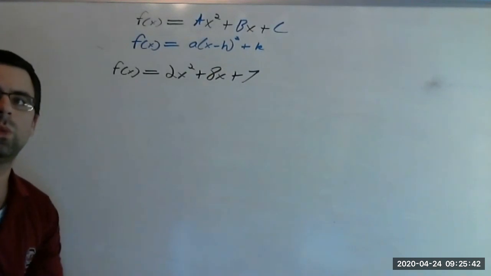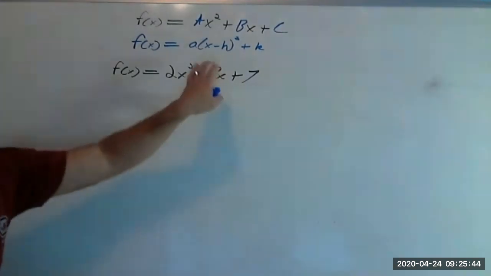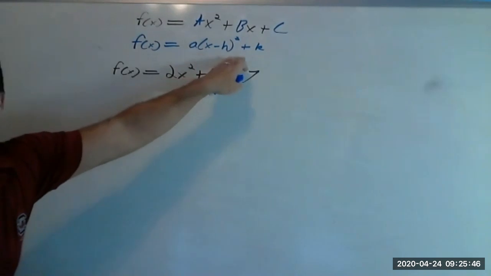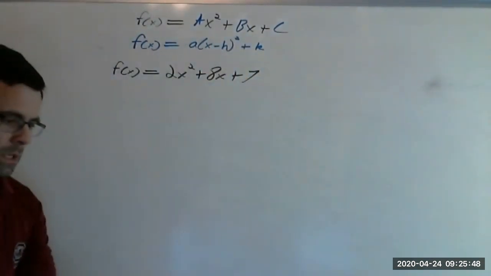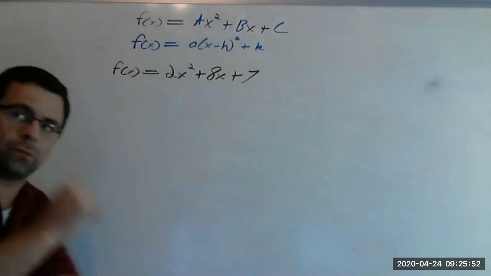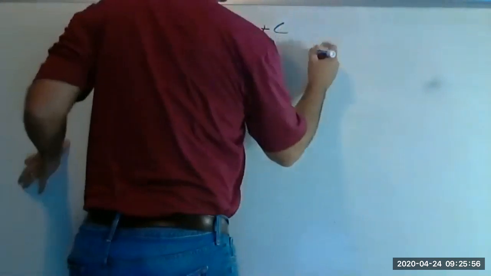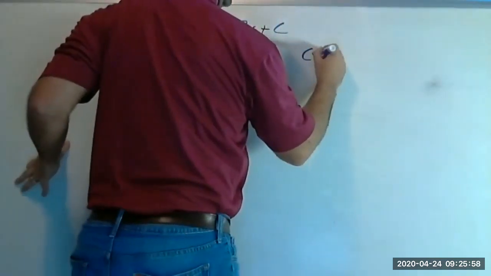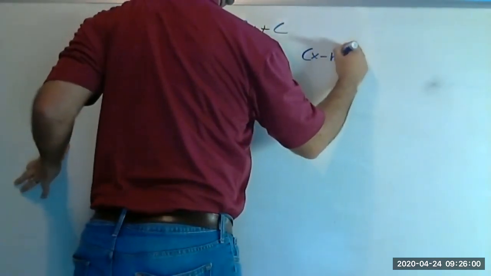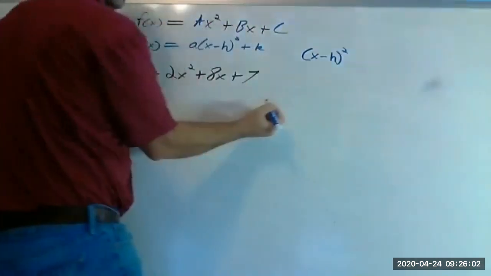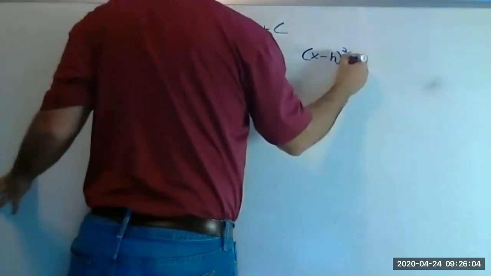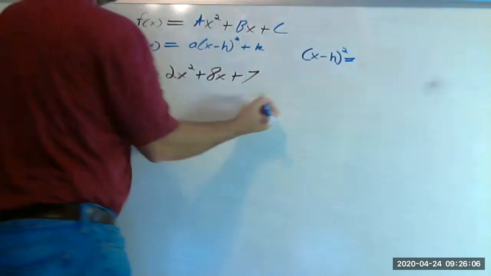So we need to turn this into something that looks like that. Well, one thing that's immediately helpful is if we know what x minus h squared is after it's been expanded.